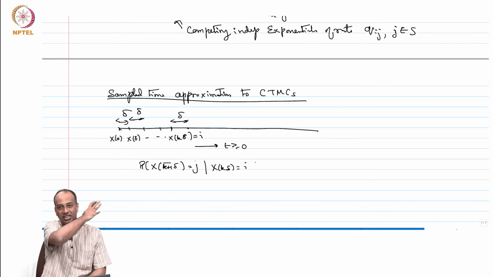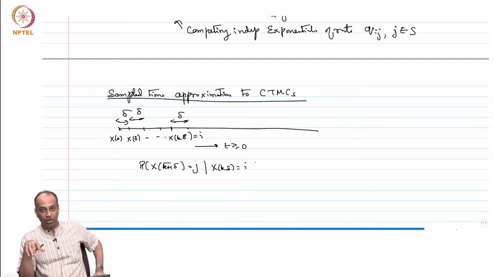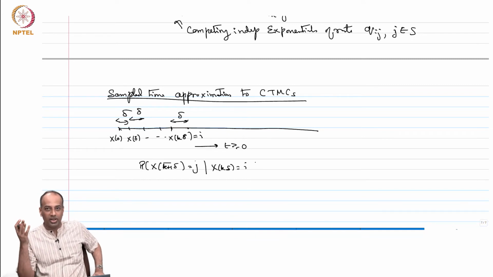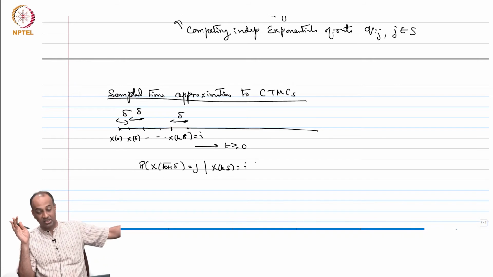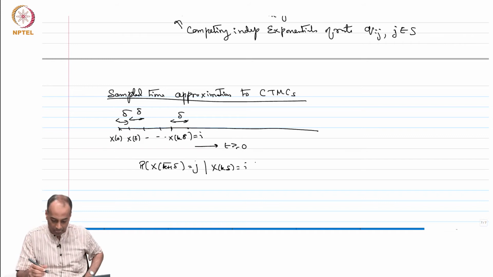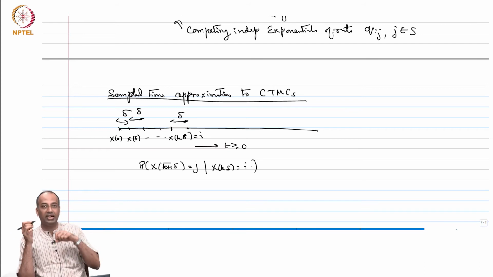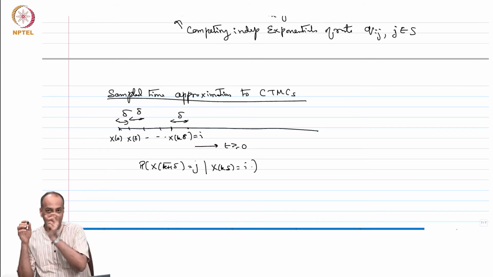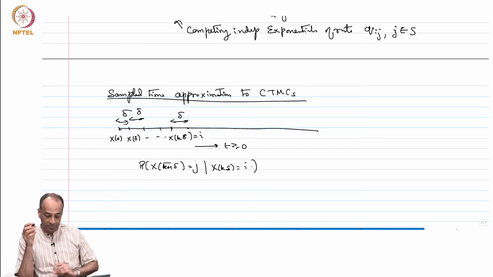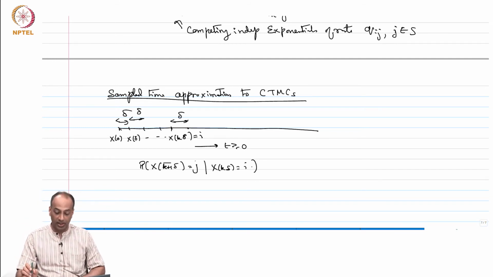Of course, I can also condition on the previous ones, what happened at (k minus 1) delta and so on, but because of the Markov property, all that is irrelevant. We can just take out all the previous conditionings. Only X of k delta equal to i matters. You can easily argue that this process satisfies a Markov property in this index k, whenever you are looking at these tiny time intervals delta. And what is this equal to?